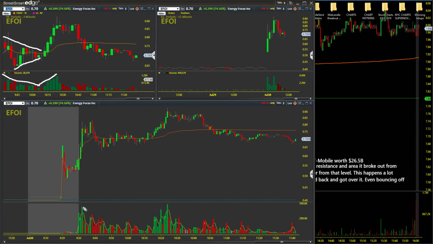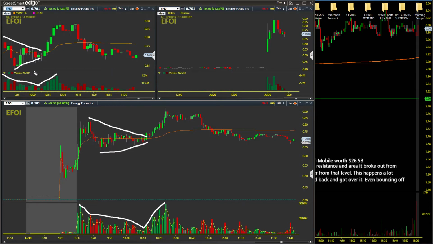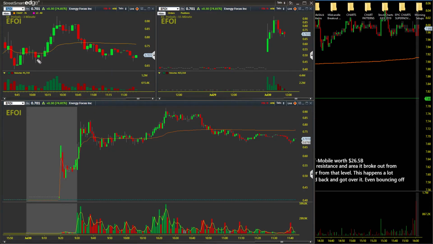And then on the 1 minute, this long declining volume, and then the volume stepping up. And then just this long wedge. And also, too, that doji right there on the 3 minute. And then if you're looking at the 15 minute, you'd see right there at that 70 cents.